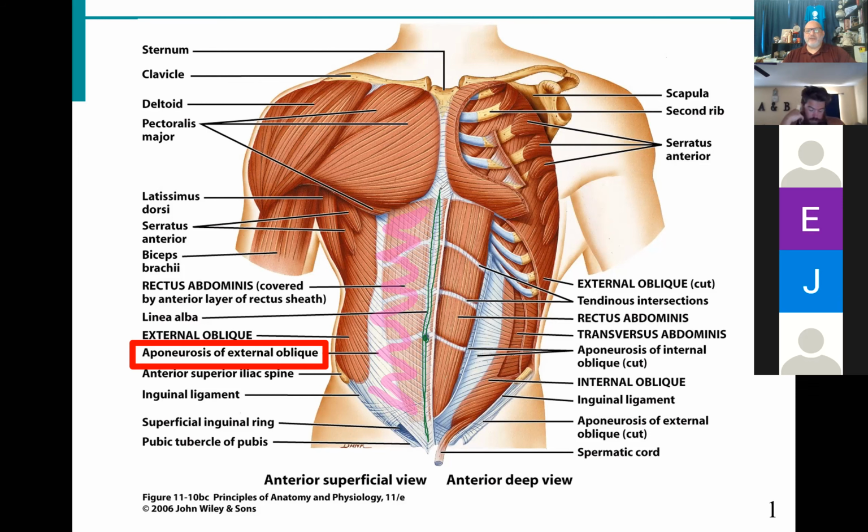And of course, this was famously named after Jessica Alba's younger sister. So what did they name this structure? Linea alba. Alba, of course, means white. Linea means line. It's the white line.